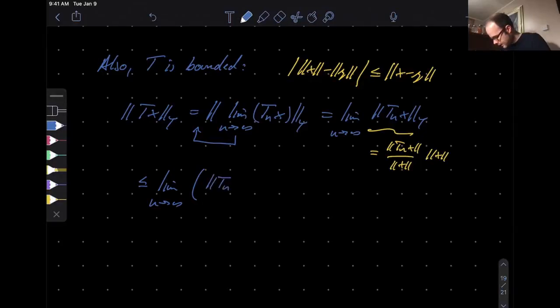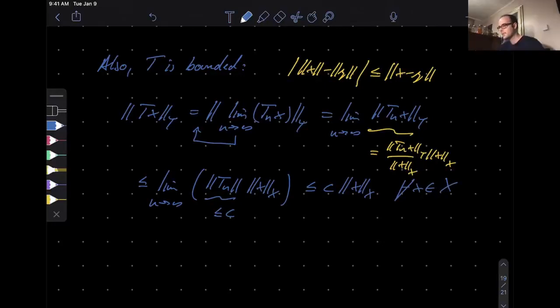So this is the norm of Tn times the norm of x in X space, right? So here to keep track, these are in X, these are in Y. So I have this. Yeah, but each Tn here was a bounded linear transformation, so there exists a constant C, then you can estimate this, you can take the limit, so you will still have that this is less than or equal to C times the norm of x for all x in the vector space.